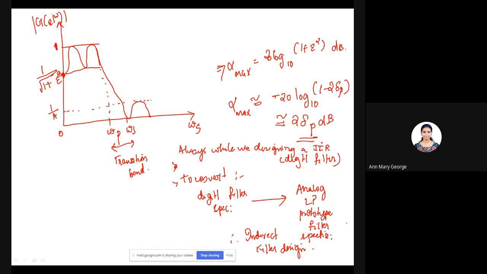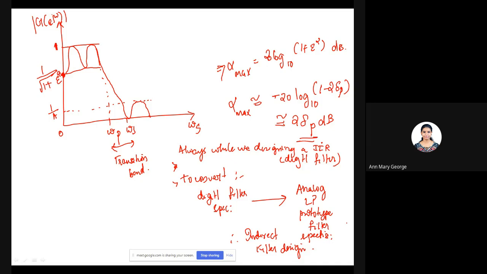Now the second step is to determine the analog low pass filter transfer function meeting the specification. Now we have obtained the analog filter specification. Next, you have to determine the analog low pass filter transfer function meeting this specification.